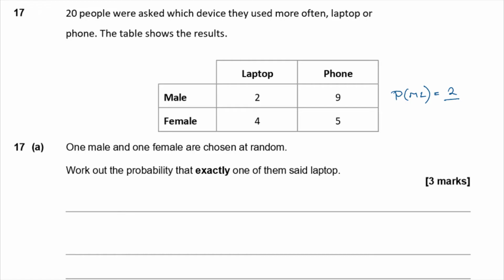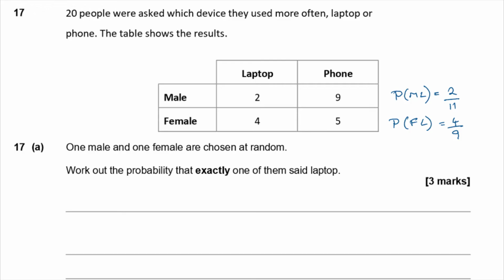Now, if you've got 2 with laptops and 9 with phones, that's 11 altogether. So the probability that a male says laptop is 2/11. Now, the probability that a female says laptop is the 4 who said laptop out of the total of 9.